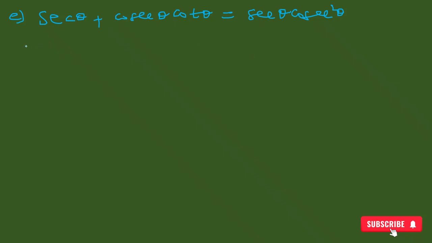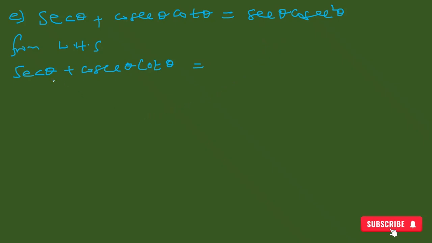Still from the left-hand side, it is easier proving from the left-hand side. Sec theta plus cosec theta cot theta. This is equal to, the easiest, I will do the next step.